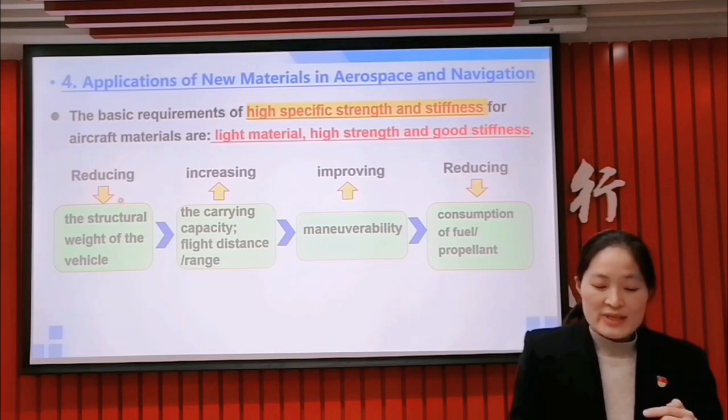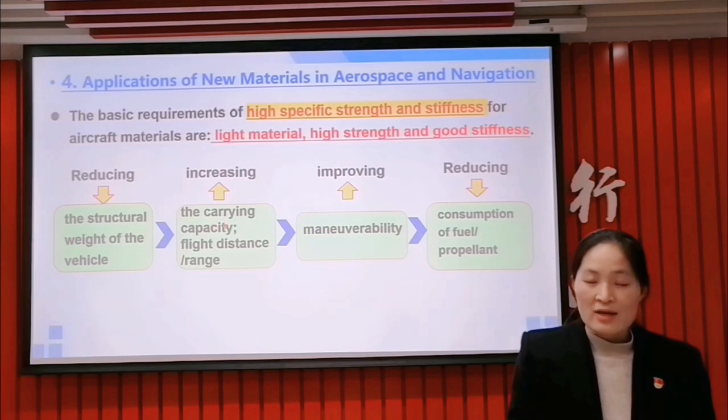With reducing the weight of the vehicle, the carrying capacity is increasing, as well as the flight distance or the flight range. Also, the maneuverability is improving, and the consumption of fuel or the propellant is reduced.